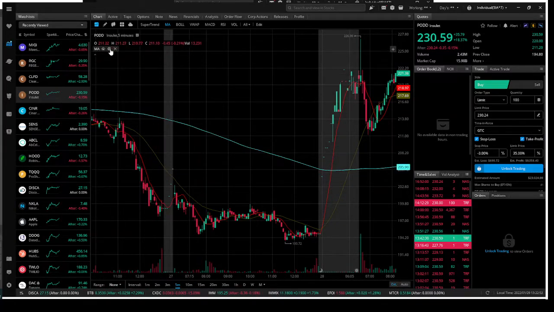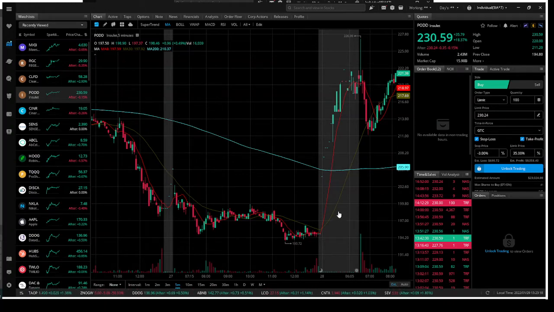The way I use my moving average is that I have a moving average set at 8, a 30-day moving average, and then a 200 period: 8 period, 30 period, and 200 period moving average.